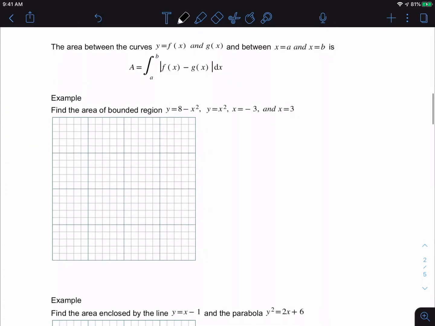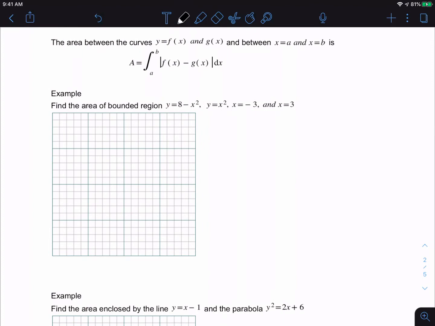Now this is based off of the area between two functions. If we don't know which function is on top, we can always take the absolute value, so even if we get a negative answer, we end up with a positive area between the two functions.